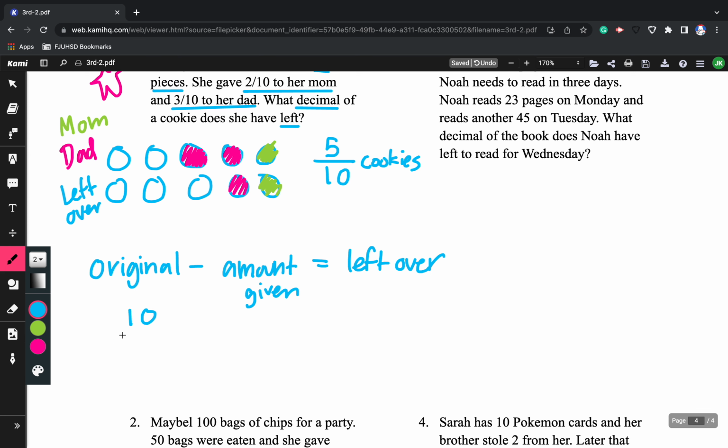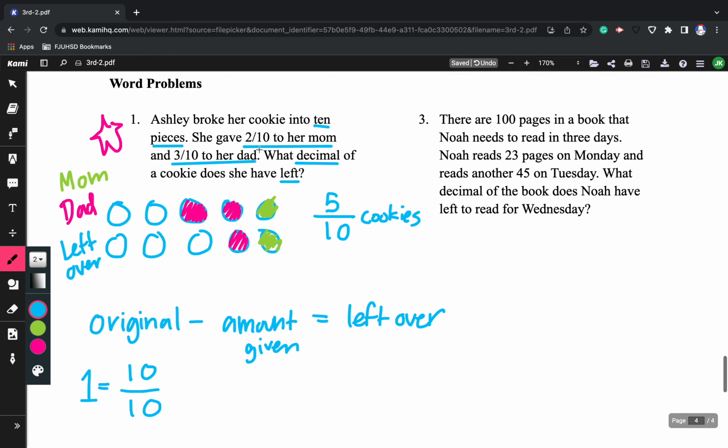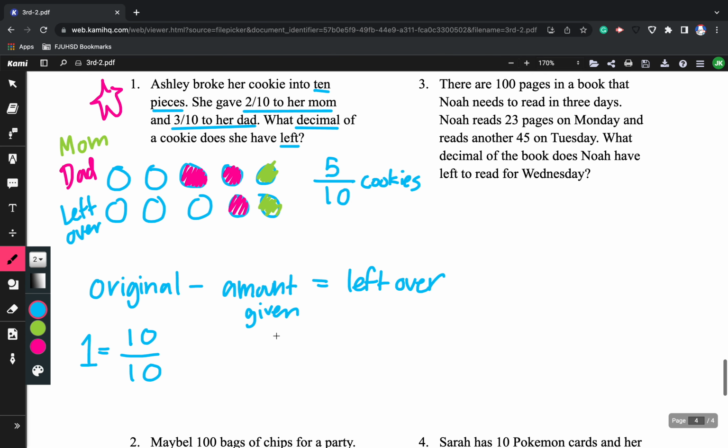So that's 10 out of 10, which is also 1. For the amount given, we have to combine the mom's and the dad's pieces she gave. So that's 2/10 plus 3/10, which is 5/10.